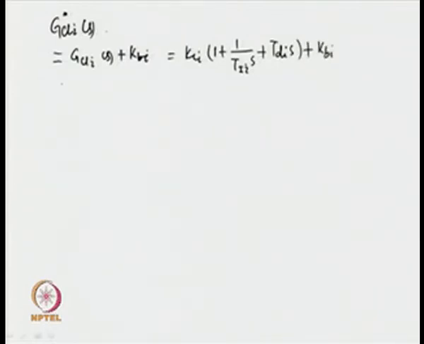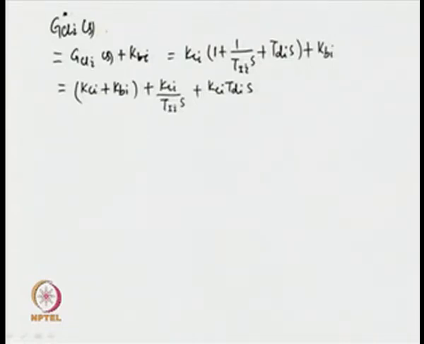So, let us simplify this expression, which gives us KCI plus KBI. The two proportional controllers are clubbed together and the remaining parts can be given as KCI upon TIIS plus KCI TDIS.